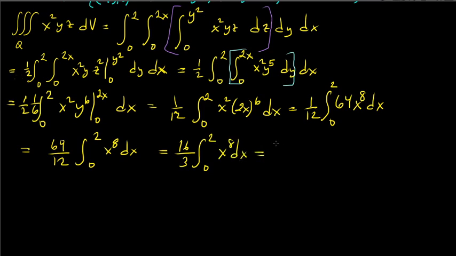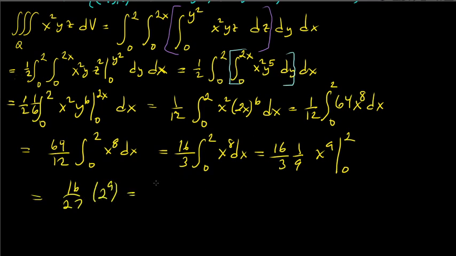X to the 8, we get 1 over 9 times x to the 9, evaluated between 0 and 2. So 16 over 27 times 2 to the 9th.